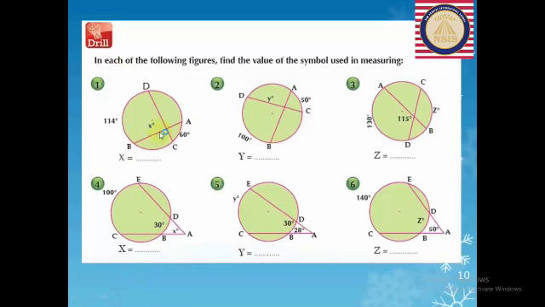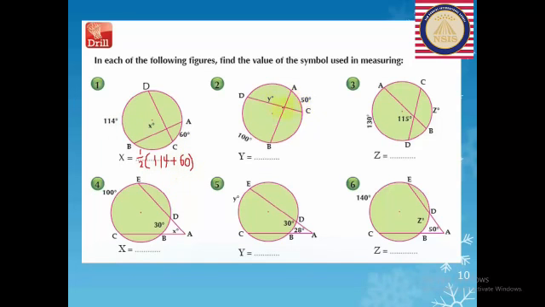So X equals half its opposite arc, which is 114, plus the other arc, 60. Okay, very good.